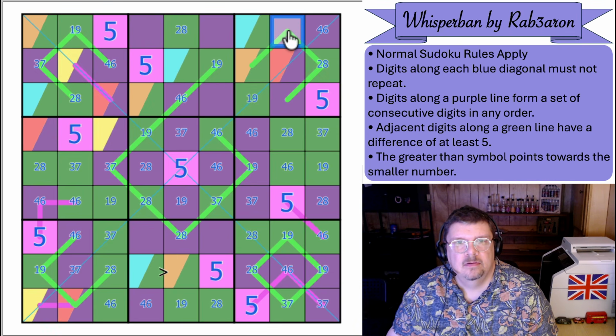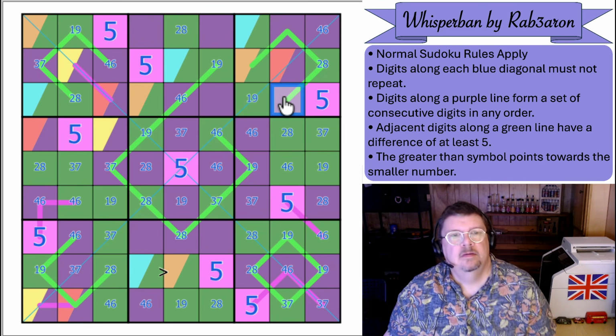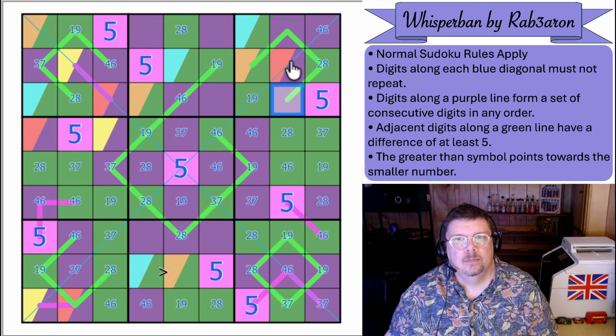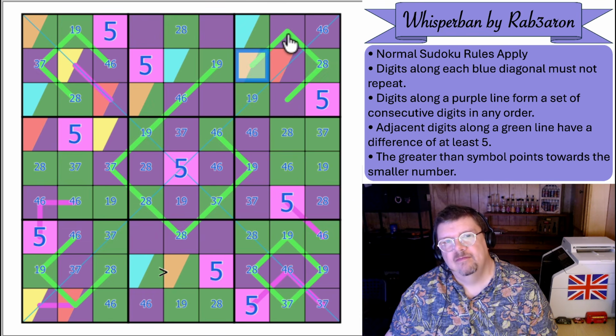If that's 3, 7, see, that could still be 1, 9. Right, if that's 4, 6, that forces that to be 1, 9.